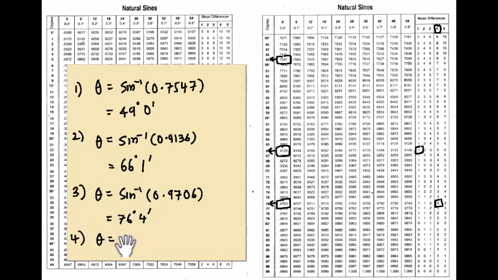Theta is equal to say sine inverse of 0.9885. Okay, so I see it here. So 0.9885. So that makes it 81 degrees, right? Because this is 81 degrees here, and the corresponding minute is 18 minutes. Now here, please understand, if you add 0, then this is going to become 19 minutes as well.